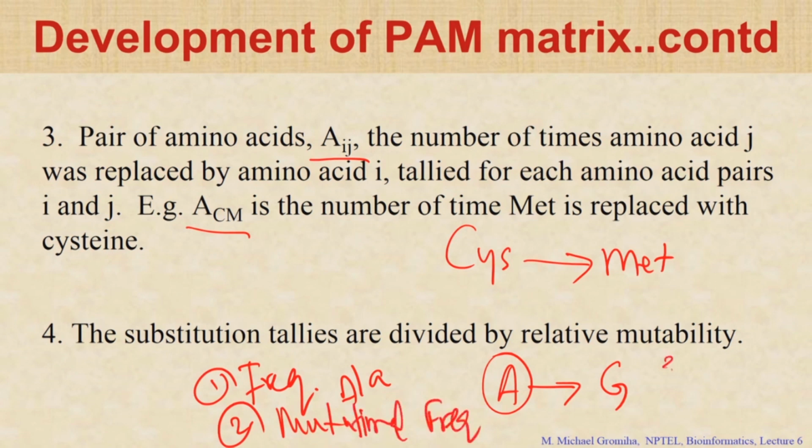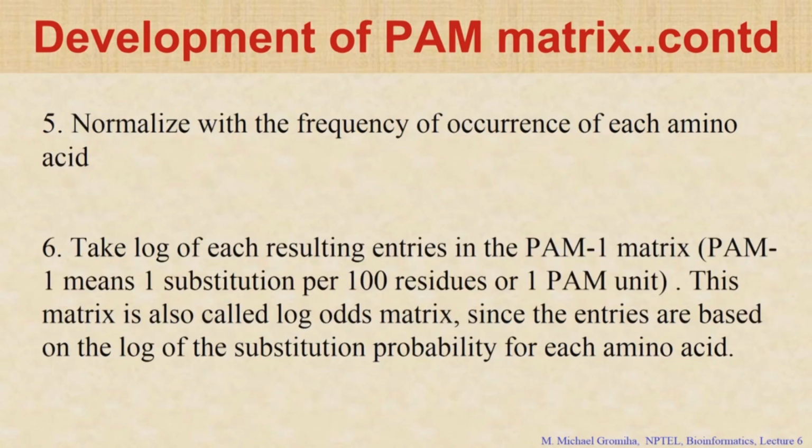And then the specific pairs: how many, what are the preferred specific mutations, for example the mutation A to G. We need to consider all these aspects to derive the PAM matrix. Now we normalize the frequency of occurrence of each amino acid and finally take the log of each value, and this will give you the PAM matrix.